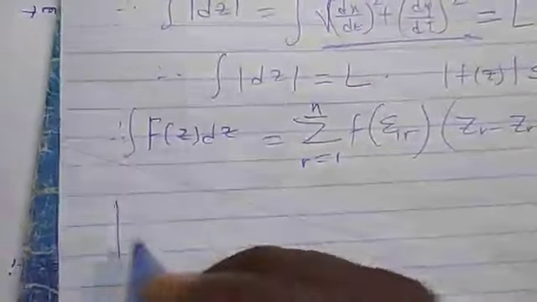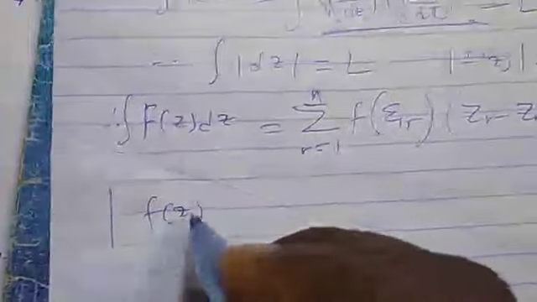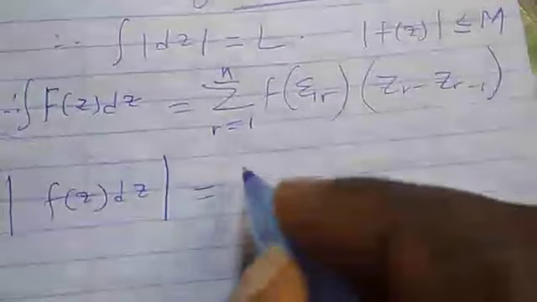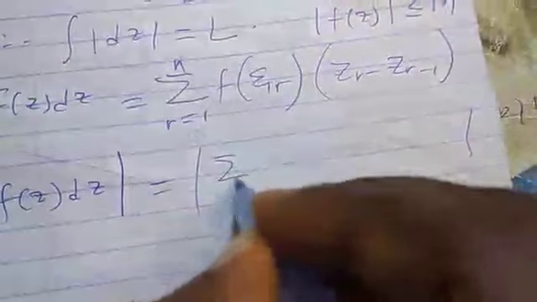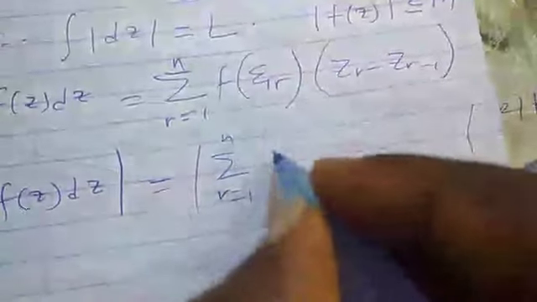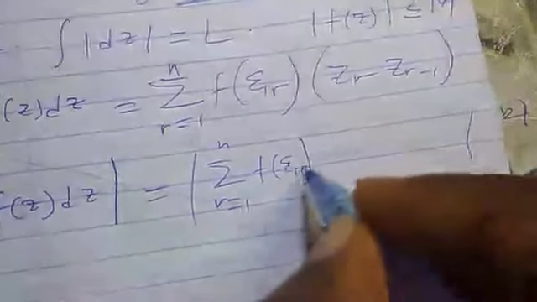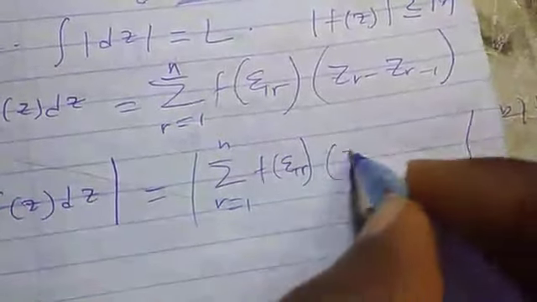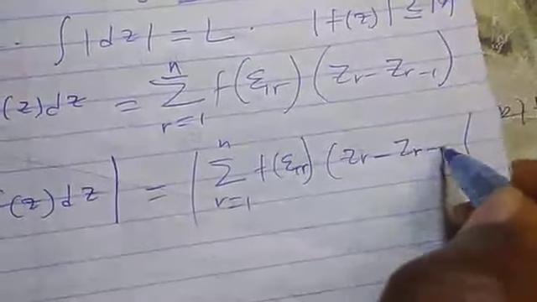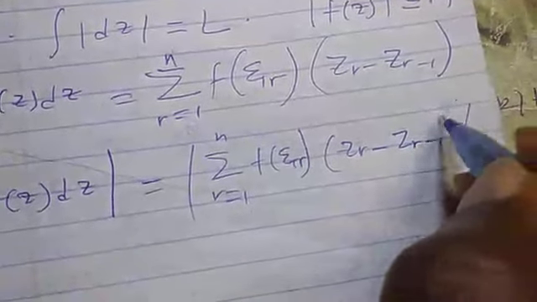So if you put absolute value to both sides, this will be less than or equal to, why?